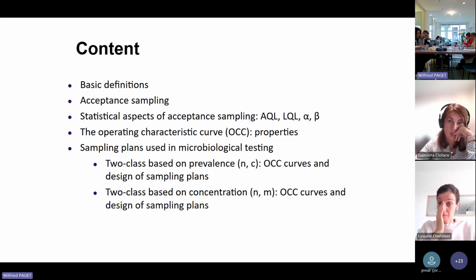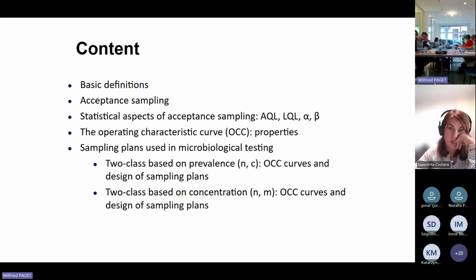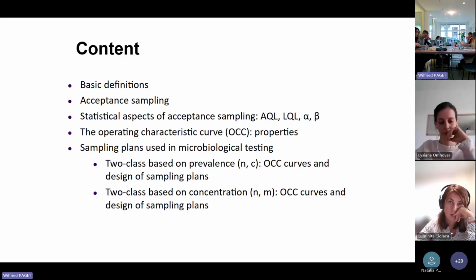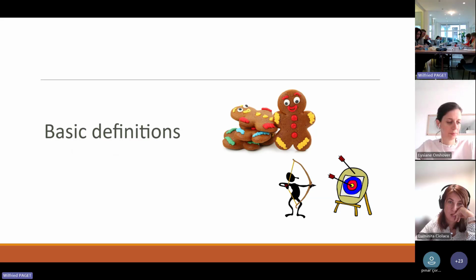Then I will explain a little bit about acceptance sampling theory and the statistical aspects of this. You will learn what an operating characteristic curve is and its properties. And then, since there are many types of sampling plans, I am just going to focus on two types of sampling plans and relate them to microbiological testing.